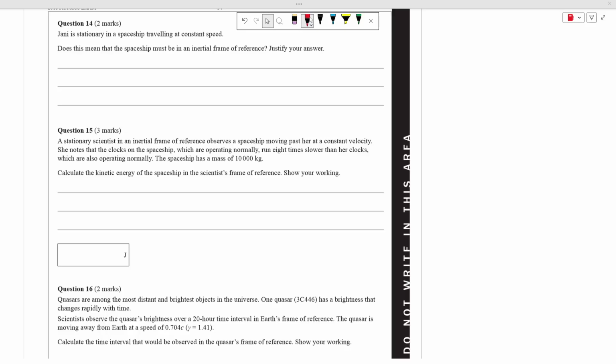So, inertial reference frame implies that it's zero acceleration. Just make a note of that. Inertial implies acceleration equals 0.